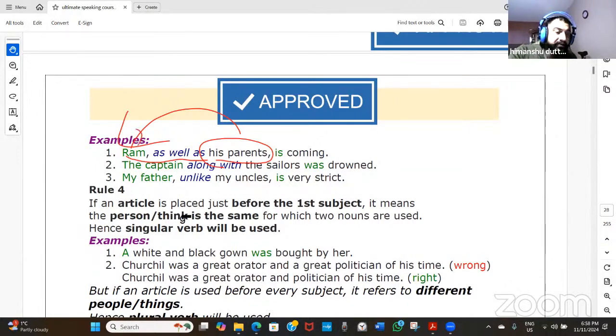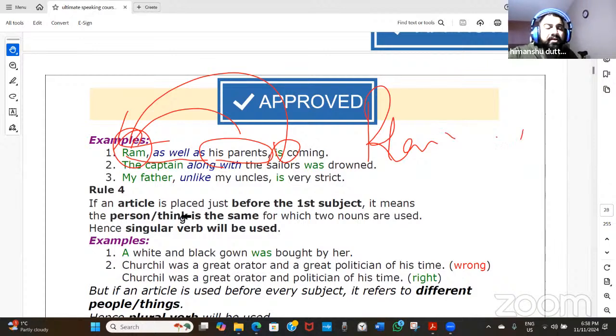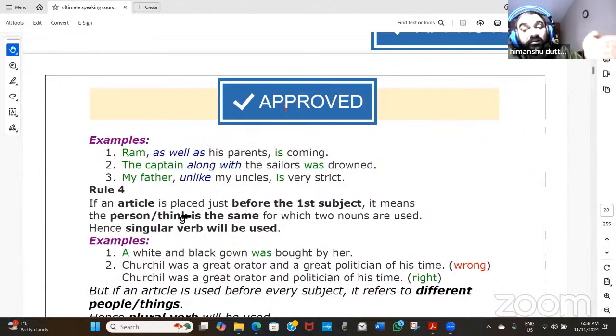The first subject here is Ram, which is written in the beginning. Ram is singular, so singular verb. If it had been written as 'Ram's parents and Ram', then plural would come. So it depends upon the first subject, and those phrases are to be kept in mind.